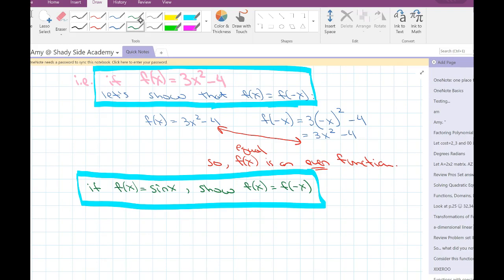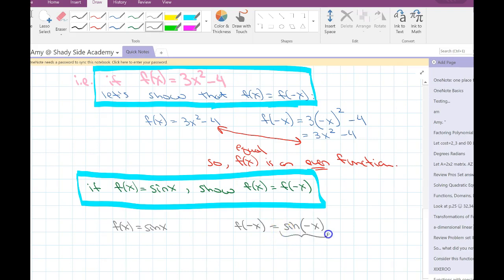All right, let's show this. I know f of x equals sine x. But oh no, f of negative x is going to equal sine of negative x. Let's think about this. Remember what I said about how in this class we're constantly cycling back and forth between new content and old content, because it's really the entirety of the story that matters to us.